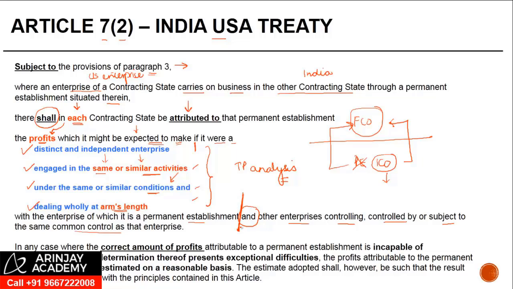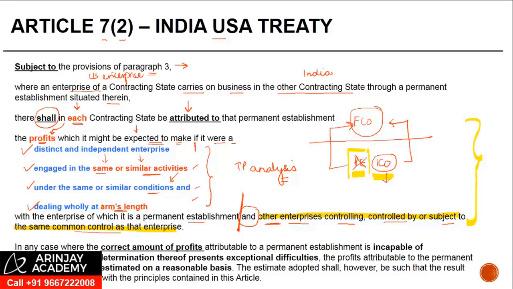In some cases you may find part B, right? So when I say Part B, I'm referring to other enterprises controlled by, controlling, or subject to the same common control as the enterprise. All these transactions need to be re-looked at to identify what would be the price which this hypothetical one, the PE, would be charging if it were operating under these conditions.